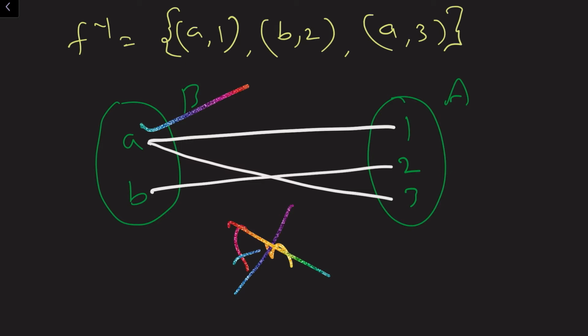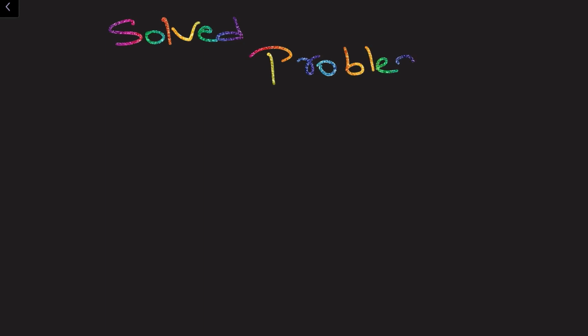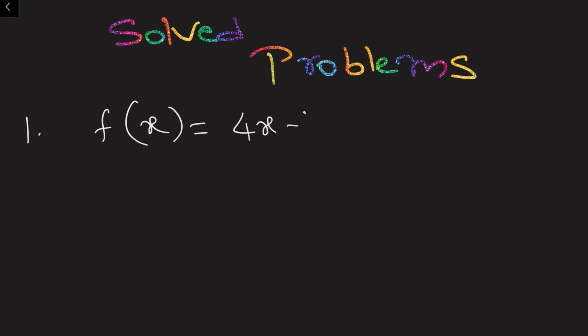Okay, now let us discuss the solved problems. The first question is f of x is equal to 4x minus 1 and g of x is equal to x square plus 2.